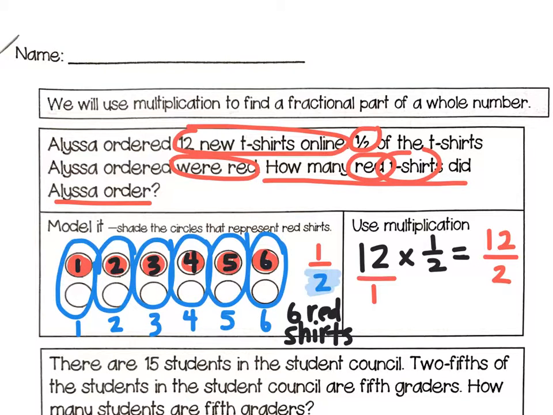Now, in the way we talk about math, we wouldn't have 12 halves t-shirts, so we need to make this improper fraction into a mixed number. 2 goes into 12 6 times, so 12 halves is the same thing as 6 shirts. So Alyssa ordered 6 red shirts.